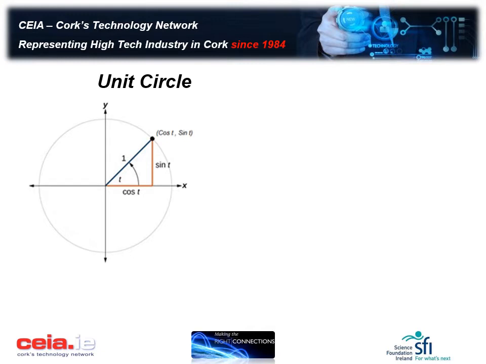From the positive x-axis in an anti-clockwise direction, and this angle t, when it strikes the unit circle, there is a point, and if we look at that point in terms of the xy coordinates, it forms a horizontal distance along the x-axis and a vertical distance along the y-axis.